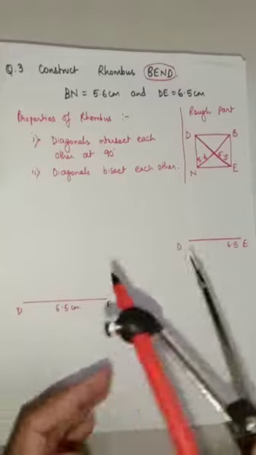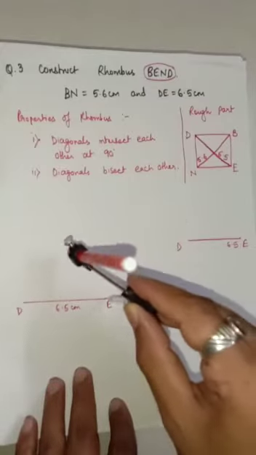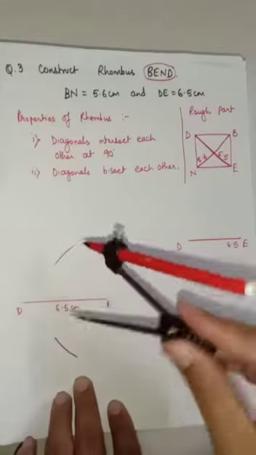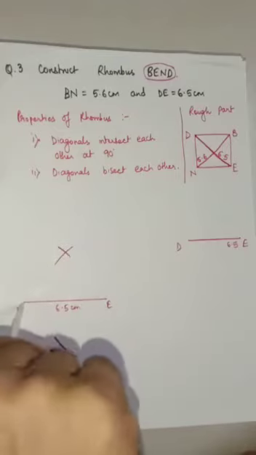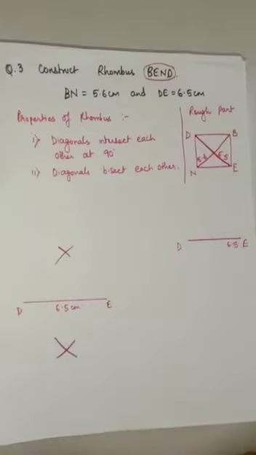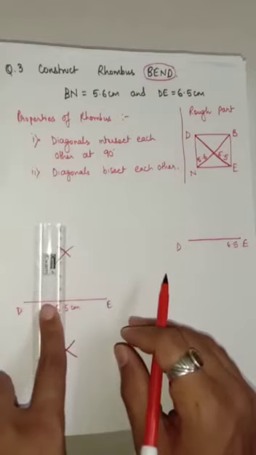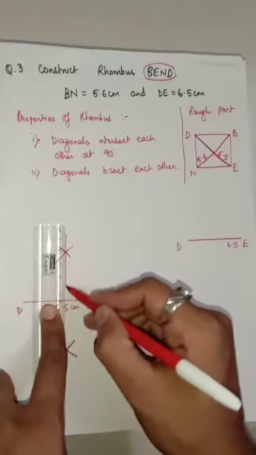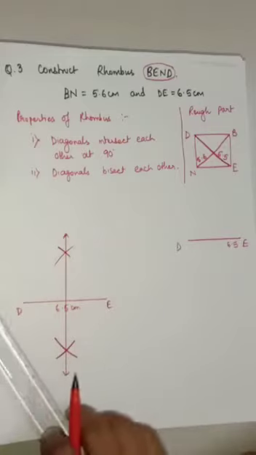Now without changing the measurement of the compass, we will draw arcs on both sides of this line from E point and both sides from D point. And now we will join these two points and draw a line, and this line will be the perpendicular bisector of the given line DE.